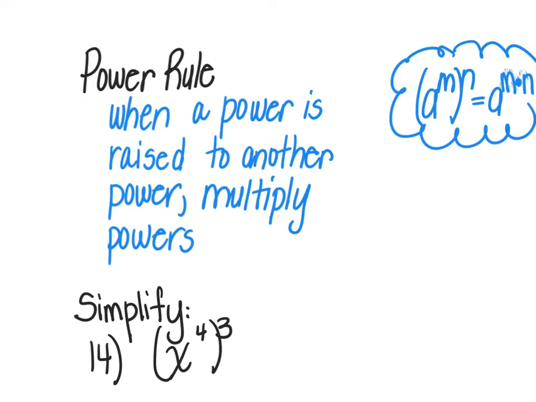So looking at example number 14, we have x to the fourth raised to the third power. Well, that power rule says that we're going to keep the base of x and we're just going to multiply 4 times 3. So 4 times 3 is 12, so this ends up being x to the 12th power.